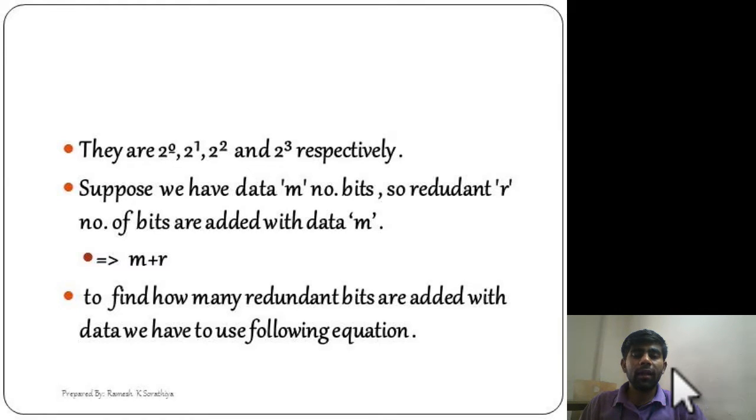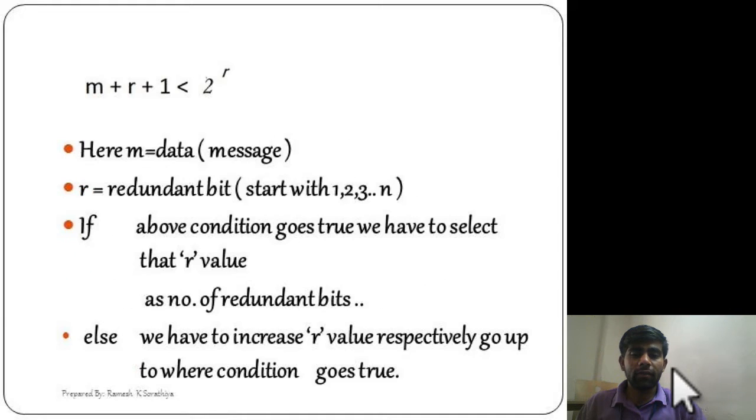Suppose we have data of m bits, so r redundant bits are added to m. So our original string will be m plus r bits. To find how many redundant bits are added with the data, we use the following equation: m plus r plus 1 less than or equal to 2 raised to r.